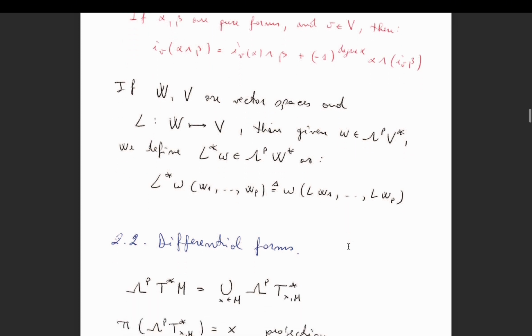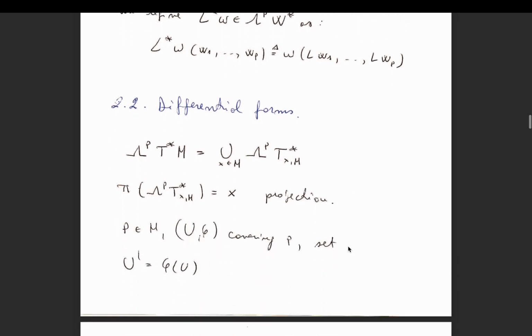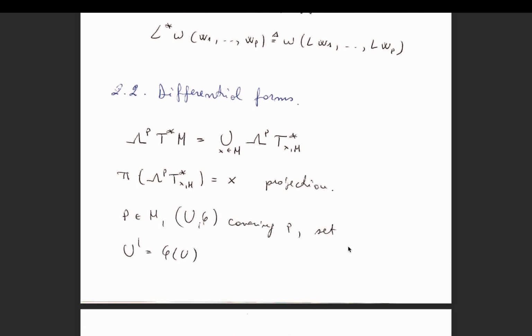Now we can construct, out of the p-forms defined over the tangent space at a point P of a given differentiable manifold, a fiber bundle. How can we do this?